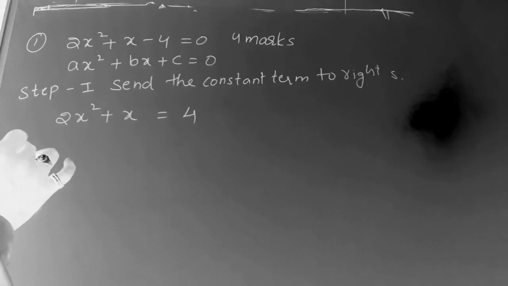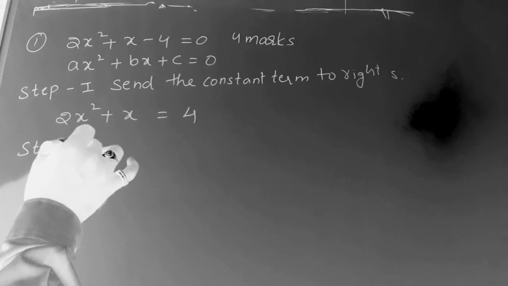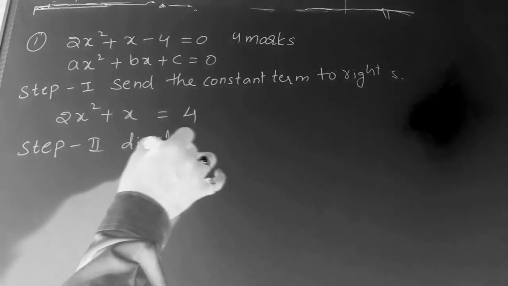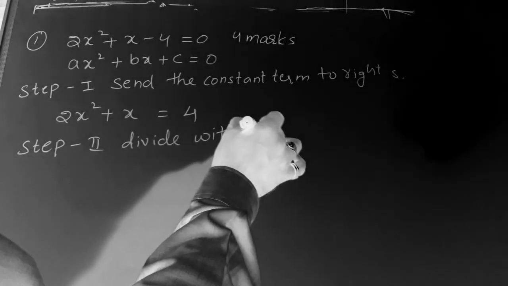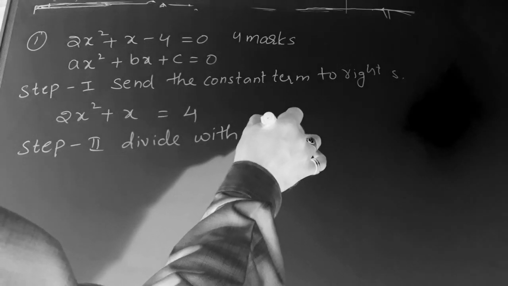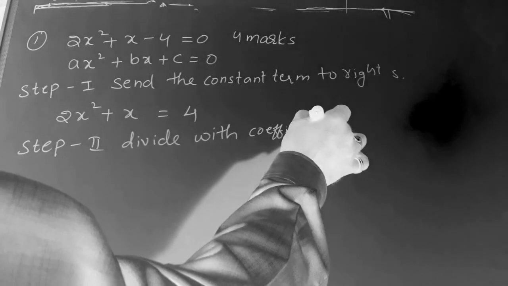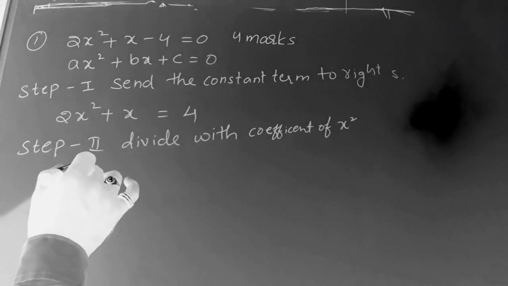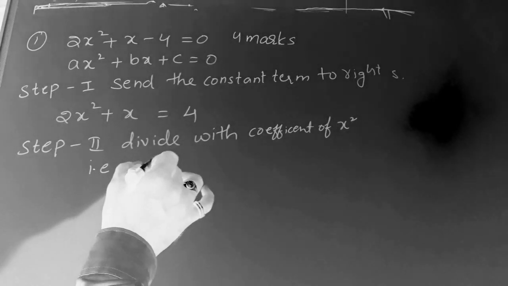Step 2. Divide with the coefficient of x square, that is nothing but a. Divide with a on both sides.